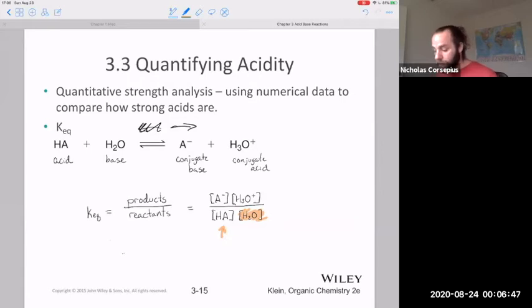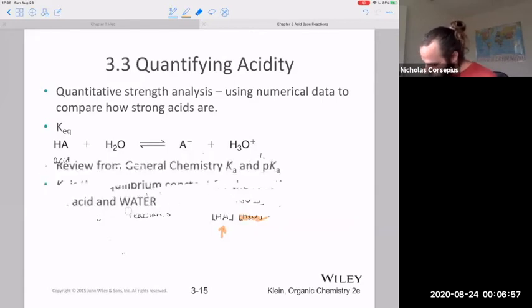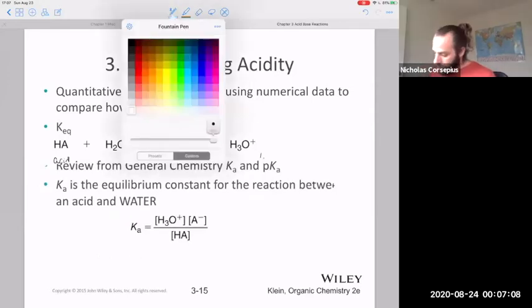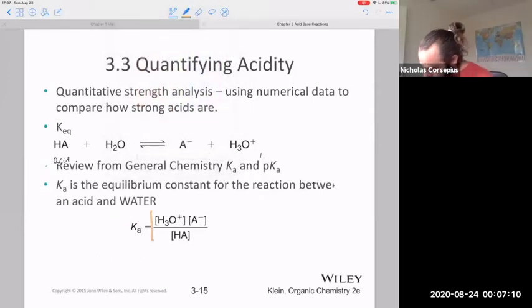So instead of using the equilibrium constant to talk about a reaction, we actually use something called the Ka. Let's take a look at that real quick. Here is the Ka for this reaction.